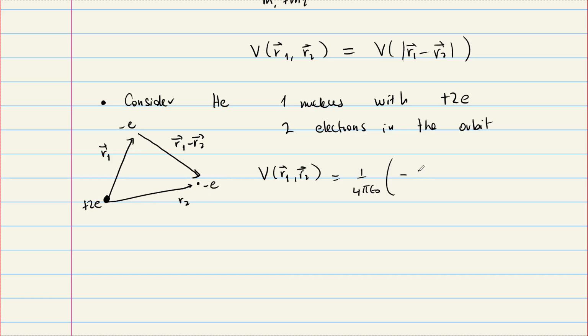So this is going to be minus 2e squared over R1, the Coulomb potential, minus 2e squared over R2, the Coulomb potential for the second electron, and also the interaction between these two electrons. This is going to be repulsive, plus e squared over the magnitude of R1 minus R2, right?